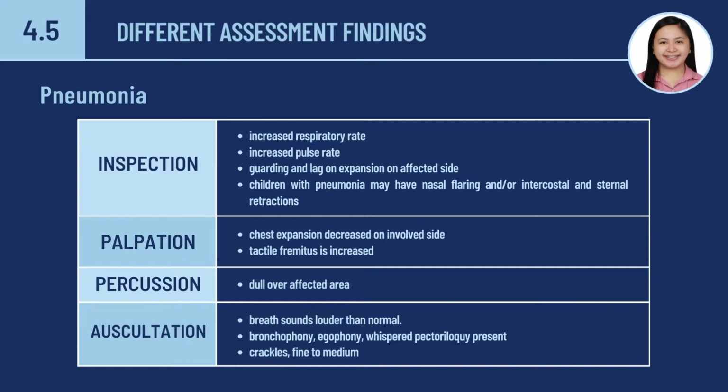Pneumonia. In inspection, it shows increased respiratory rate, increased pulse rate, guarding and lag on expansion on the affected side. Children with pneumonia may have nasal flaring and or intercostal and sternal retractions. In palpation, it shows chest expansion decreased on the involved side and tactile fremitus is increased.